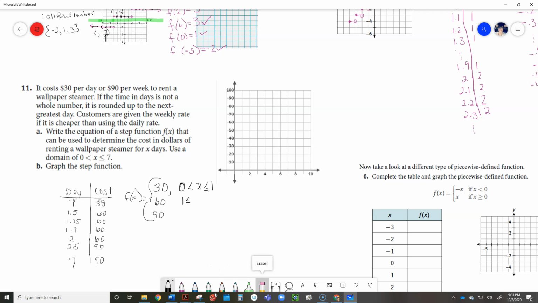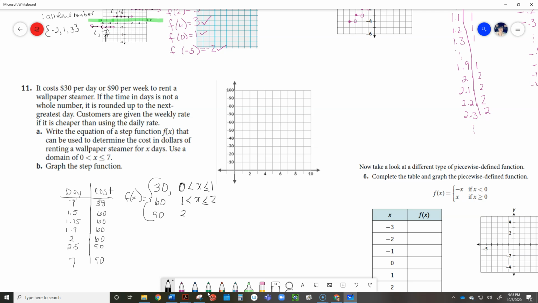Anything bigger than 1 day costs $60, and the second day does cost $60.